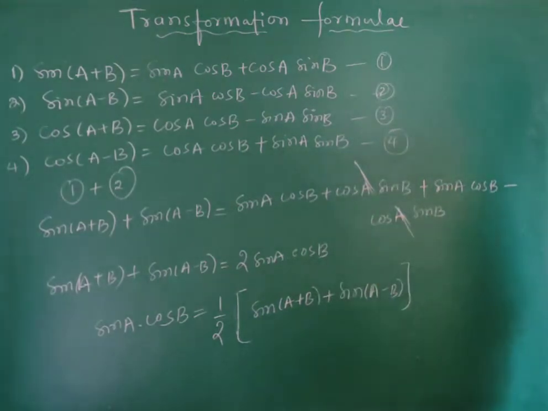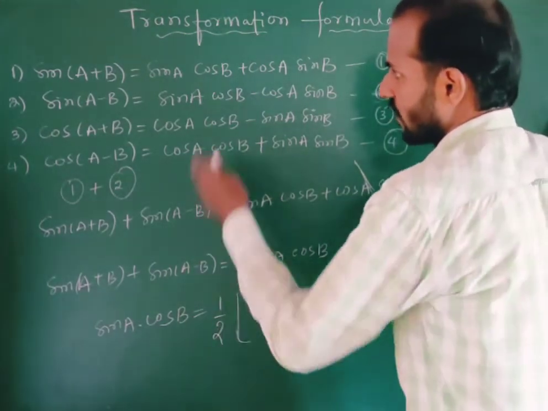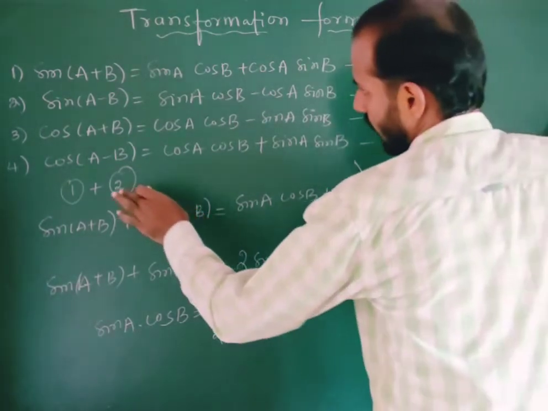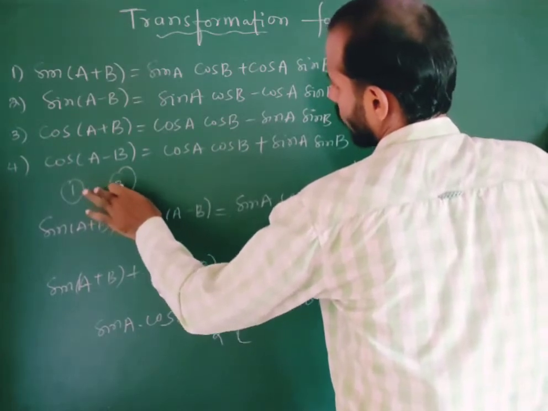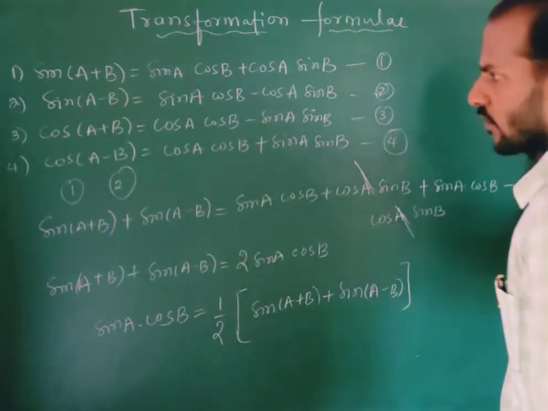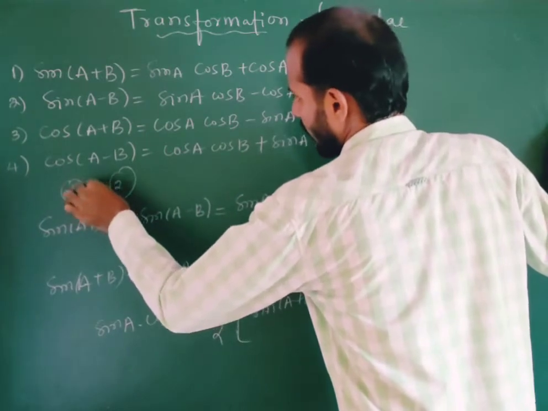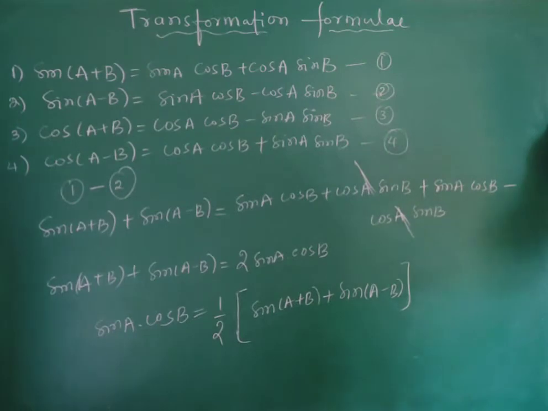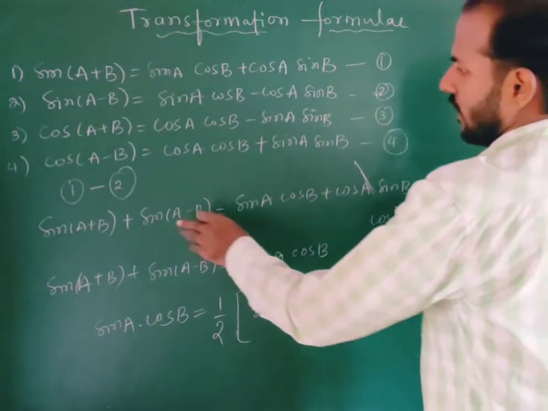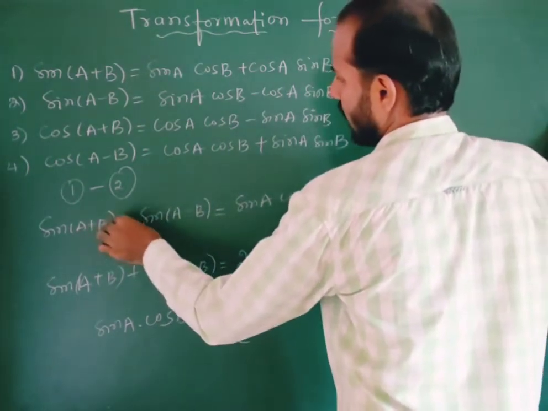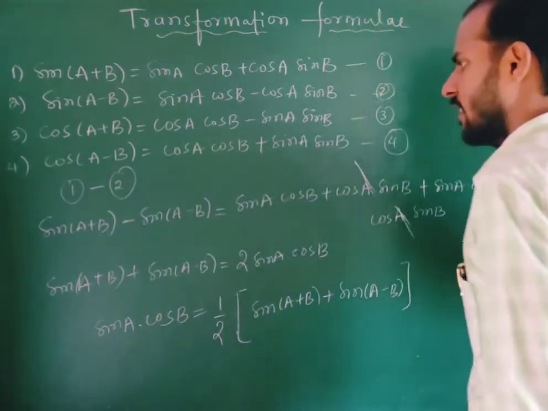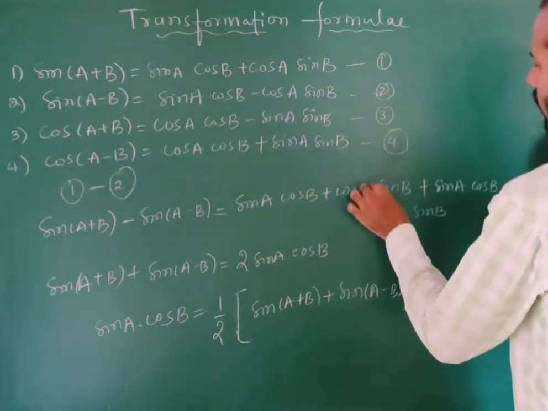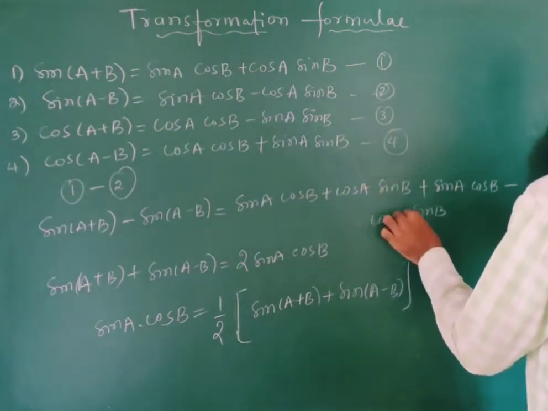Similarly, in the second case, what we have to do here? Subtracting 1 minus 2. I am writing here only, editing this one only. Difference, it is 1 minus 2. What we get? Here, sin(A+B) minus sin(A-B), with the whole term as it is.